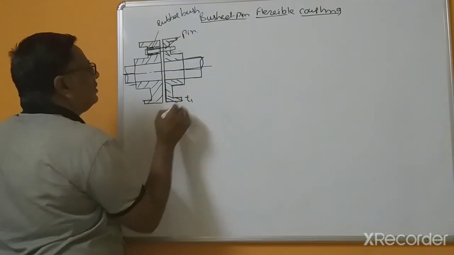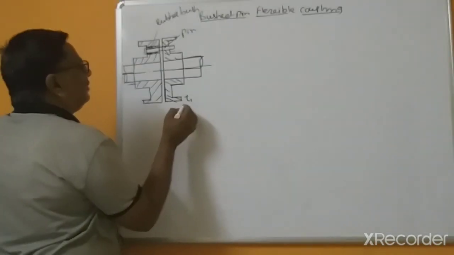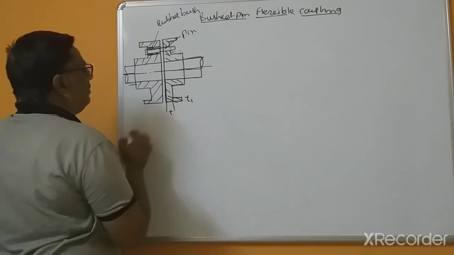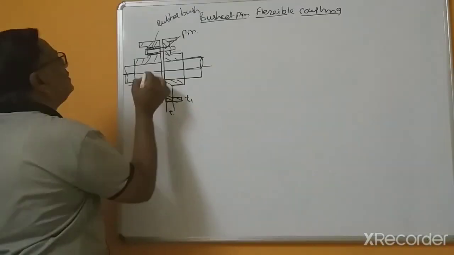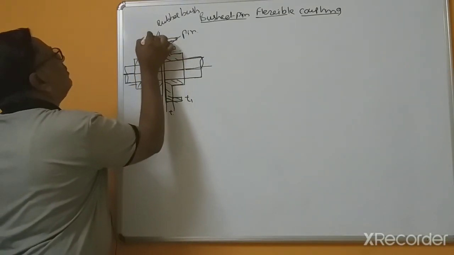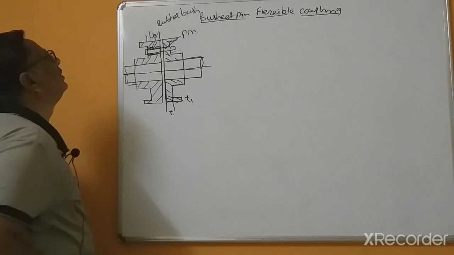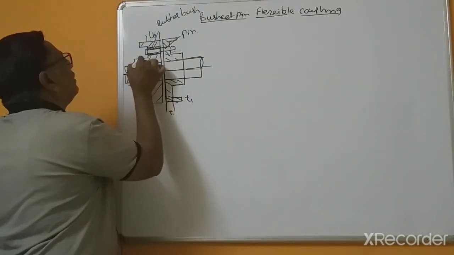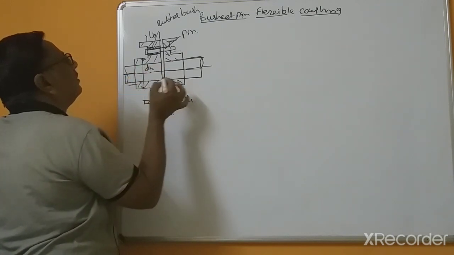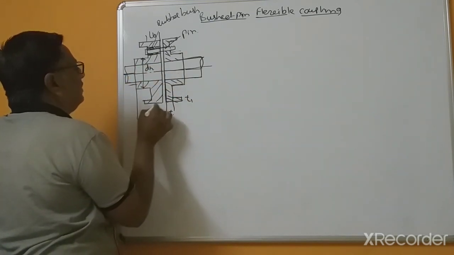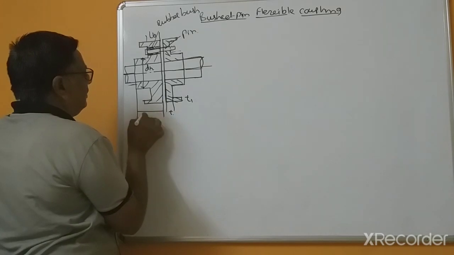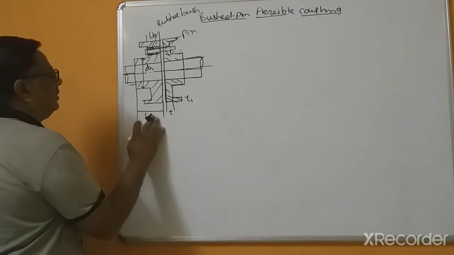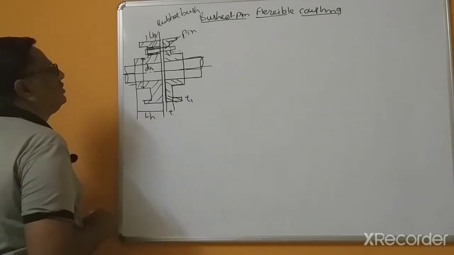T1 is the thickness, and T is the thickness of the flange. This is the length of the bush, LB. DH is the diameter of the hub, and this is the length of the hub, LH.